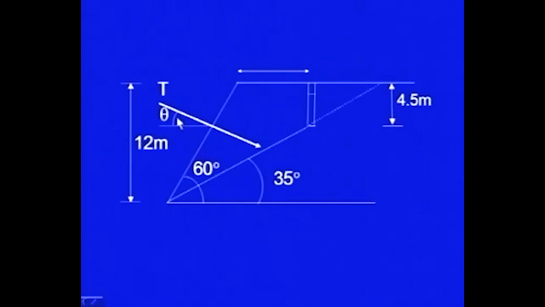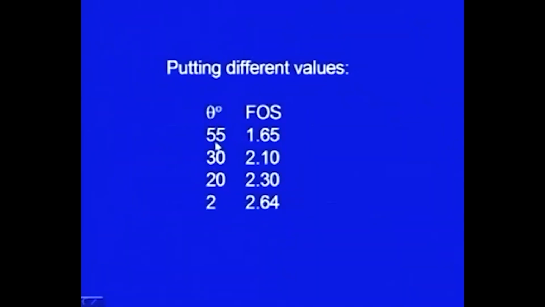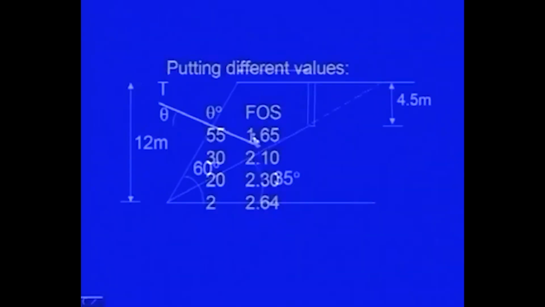So, here theta is here. You can see if it is almost horizontal, if this angle is very small, 2 degrees, then you get a very high factor of safety. If you rotate this anchor and go on increasing it, then you see that at 55 it is 1.65.